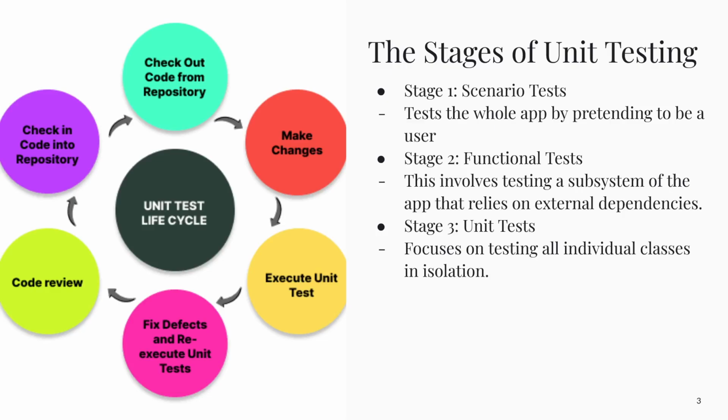But for the sake of this presentation, I have narrowed it down into 3 separate stages. The first stage of unit testing would be the scenario test. This is the most basic, I would say actually more complicated way to test source code.